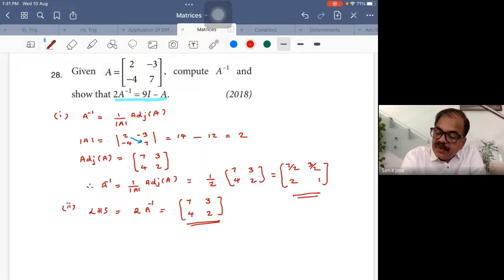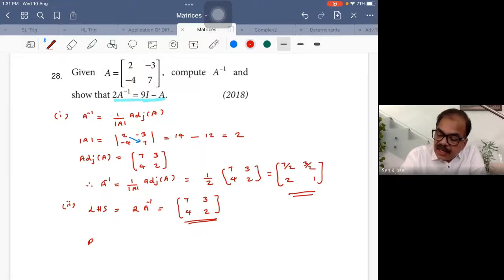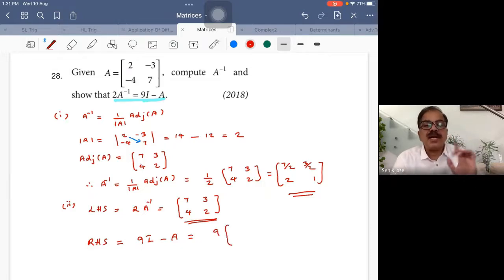Now I need to find out 9I minus A. That's the RHS. So the RHS is 9I minus A. 9I means 9 times I. They didn't tell you I is of what order, but that's common sense. Your A is of order 2, 2 by 2. So this has to be a 2 by 2 square matrix, the 2 by 2 identity matrix.